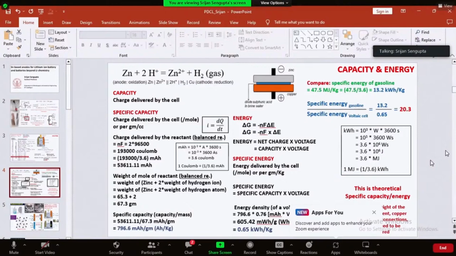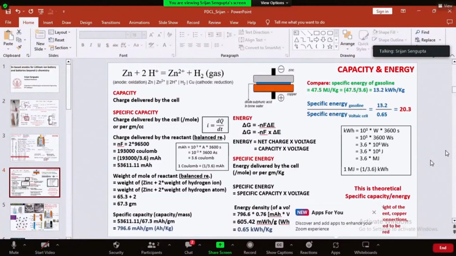When you convert to milliampere hour, it becomes 53611 milliampere hour. And if you consider the entire mass, it is the mass of 1 mole of zinc plus the mass of 2 protons, which is 2 hydrogen atoms, so a total of 67.3. If you divide by that, you get something around 800 ampere hour per kg, the specific capacity of this very primitive cell.